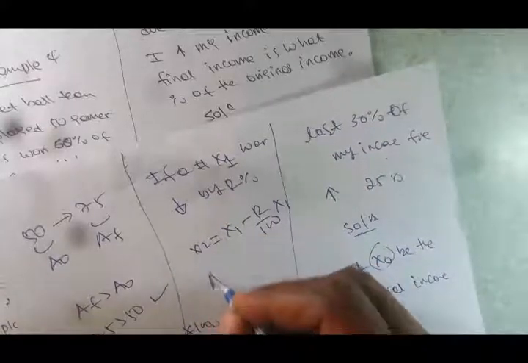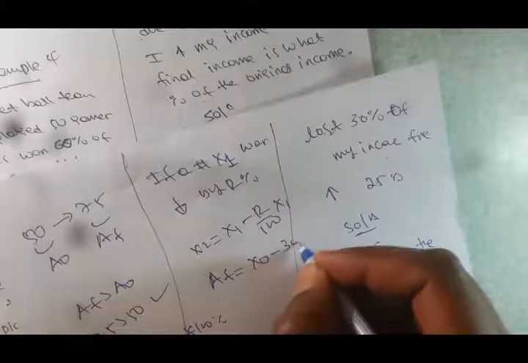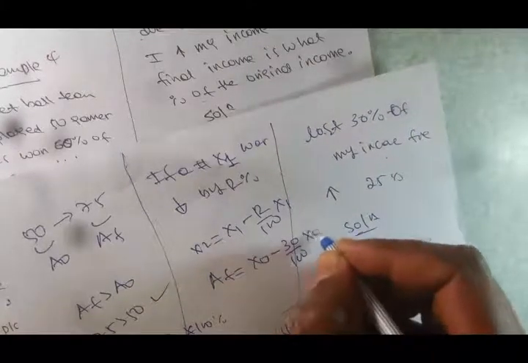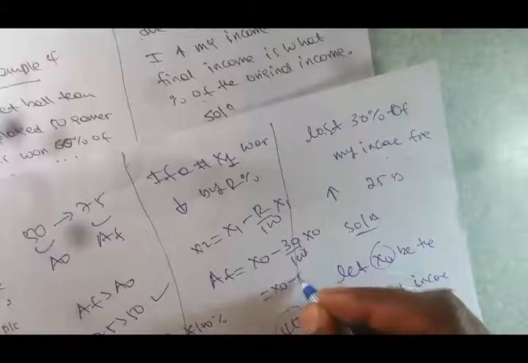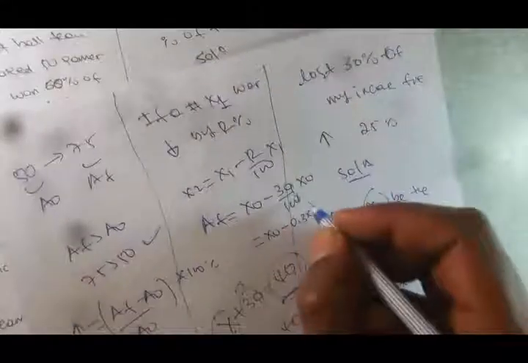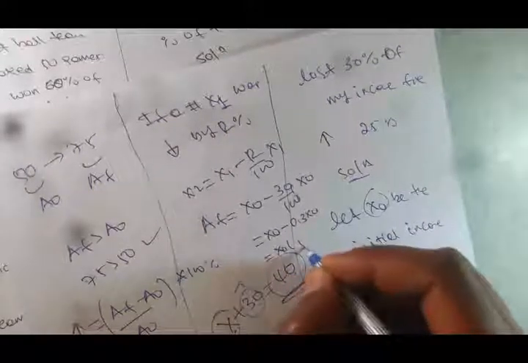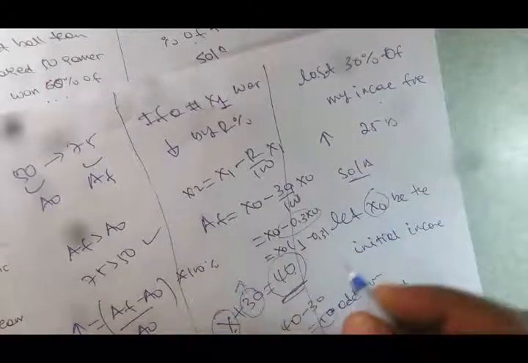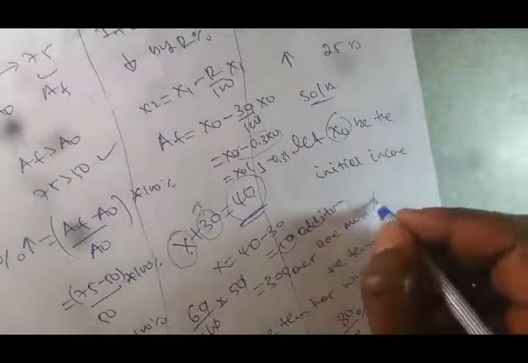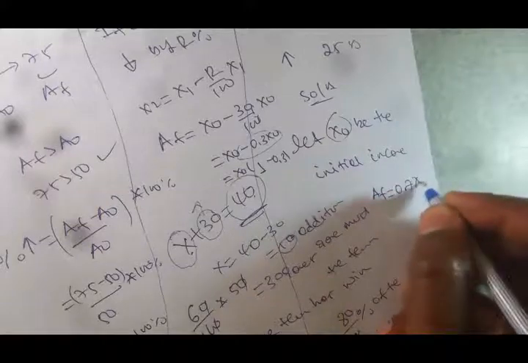Therefore a final is equal to xo minus 13 over 100 of xo. This will be cancelled, and xo minus 0.13 xo. When we take xo as common, xo divided by xo is 1, and 0.13 is subtracted. Therefore a final is equal to 0.87 xo.